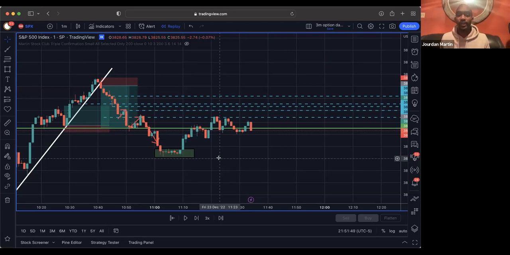So yeah, the reason I'm trying to hammer this in is because we've looked at SPY, NVIDIA, and then SPX. Granted, SPX and SPY are kind of the same thing. But we also looked at the daily, the 15, and the 1 minute.